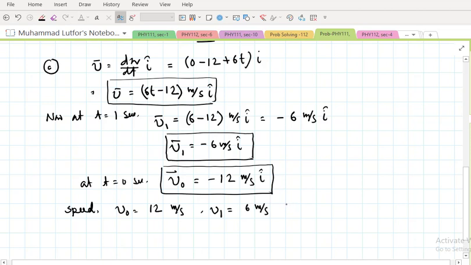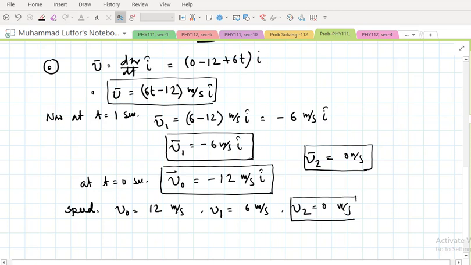And if I write down v2, the velocity vector at t equal to 2 seconds, which is going to be 0 meter per second, right? So at t equal to 2 seconds, the velocity is basically 0. Then I can say the speed is also 0 meter per second. So the speed is decreasing. Velocity is increasing, coming from negative 12 to a positive number.